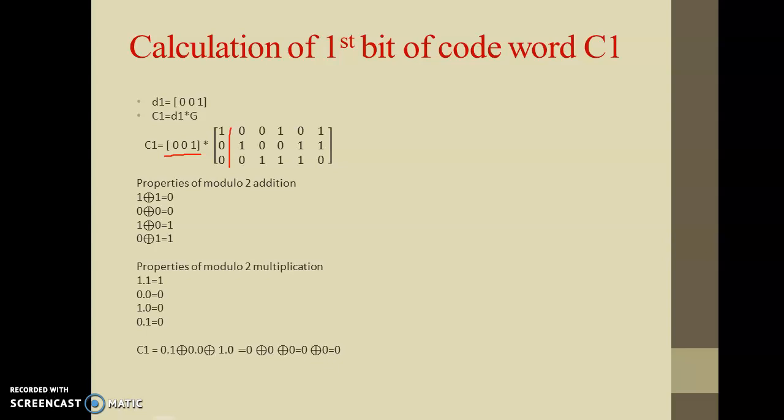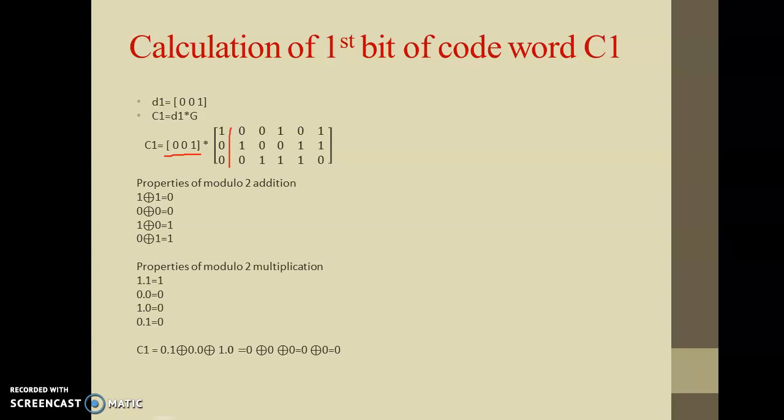So let us consider D1 is equal to 0, 0, 1. We are not considering D0 as the all 0 message word, because it always gives the all 0 code word. So C1 is equal to D1 into G, that is 0, 0, 1 into the generator matrix.